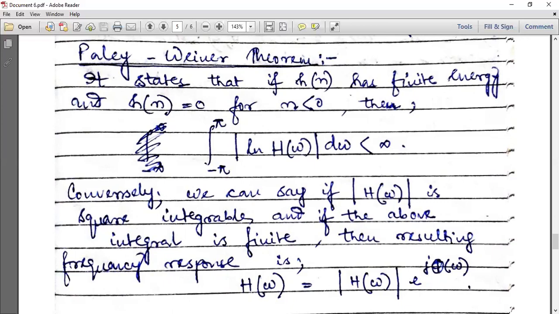Third is the pass band edge frequency, and the fourth is the stop band edge frequency.